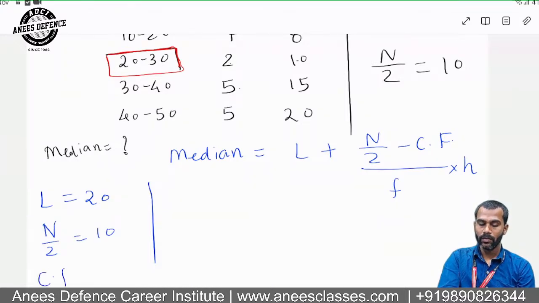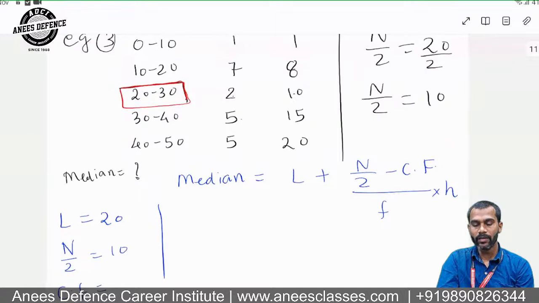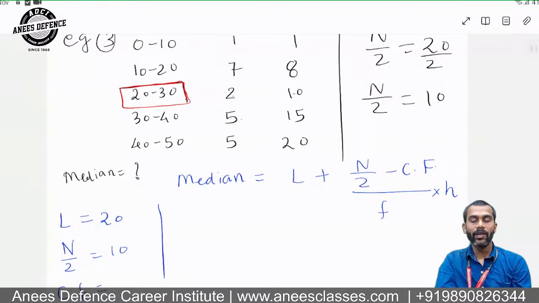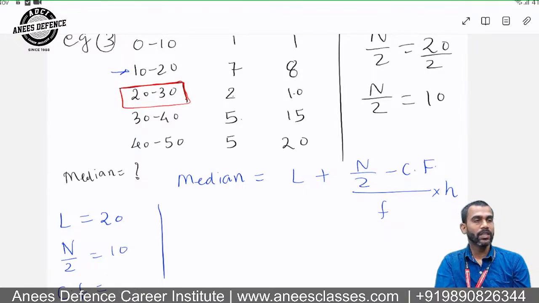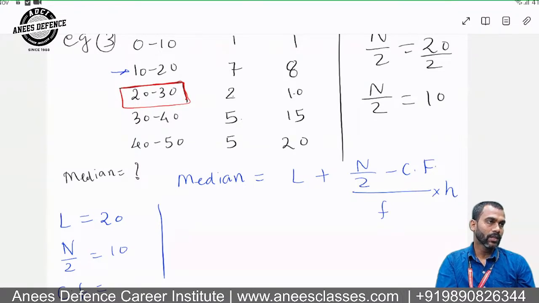Cumulative frequency is nothing but the cumulative frequency of the class preceding median class. So what is the class preceding median class? 10 to 20. What is its cumulative frequency? 8. It means CF is nothing but the total number of observations before the median class. So CF is 8.